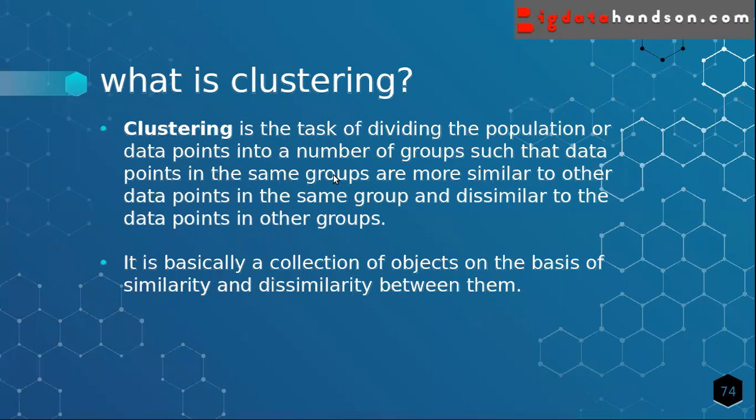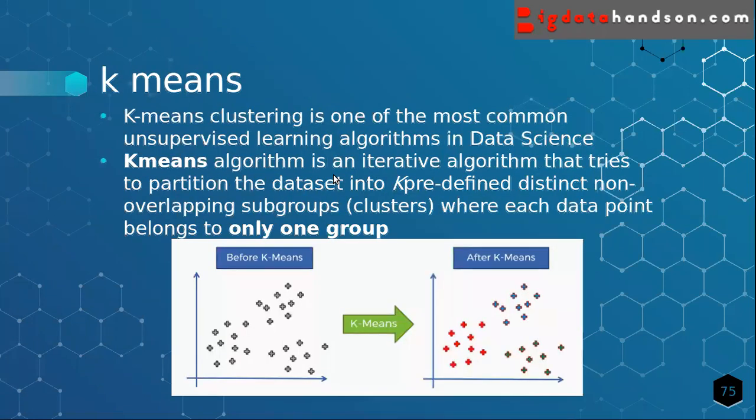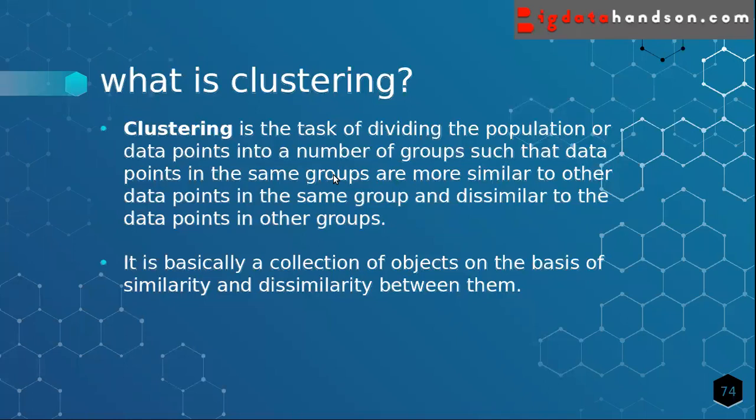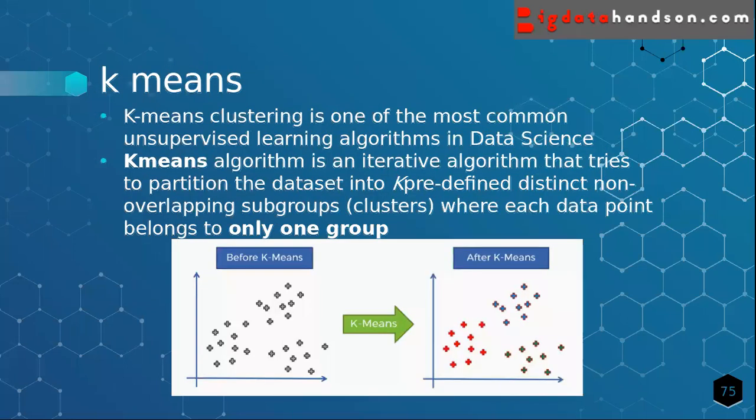Now in clustering we have many algorithms like K-means, DBSCAN, hierarchical, agglomerative. But K-means is one of the most common algorithms for clustering, so we'll see that first. K-means clustering is one of the most common unsupervised learning algorithms in data science. The K-means algorithm is an iterative algorithm that tries to partition the dataset into K predefined, distinct, non-overlapping subgroups, that are clusters, where each data point belongs to only one group.